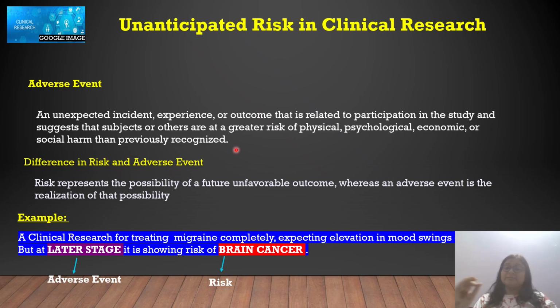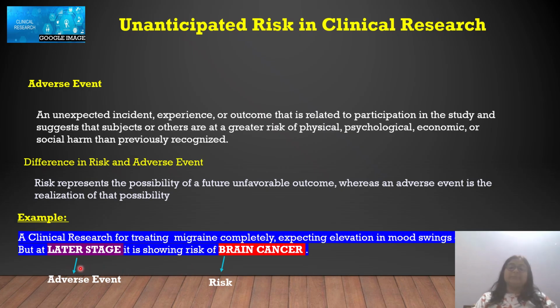The event is the incident and the risk is the output, or you can say the outcome, of that incident. So the risk always comes after the adverse event. Now we will see our example which we have taken for the clinical research for treating migraine. Here you see there are two words, later stage, but at a later stage it is showing the risk of, second word, brain cancer.